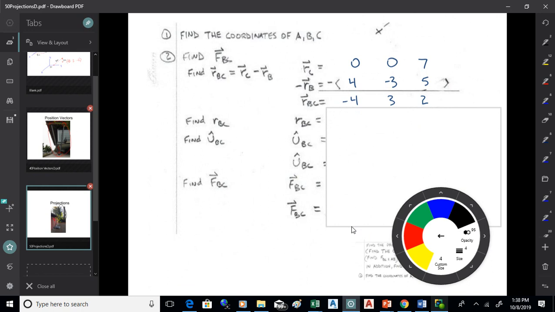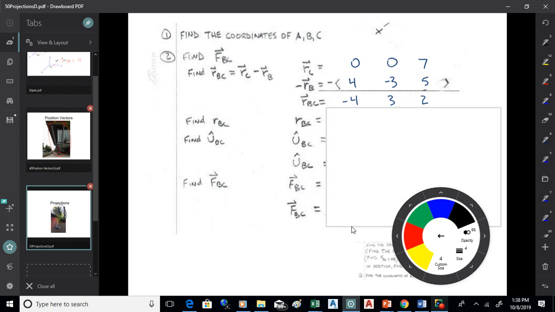The next thing to do after you got that is to find the magnitude of BC. So how long of a line is that? Usually 3 places.